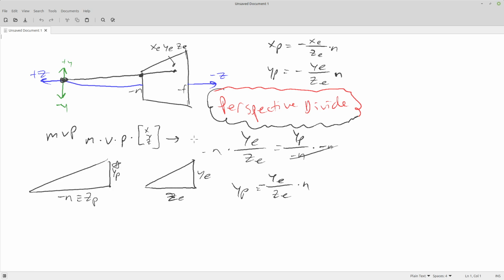Again, very shaky understanding on that. But the perspective divide actually comes after that, technically. But in the mathematical intuition of it, it's kind of baked in, right?